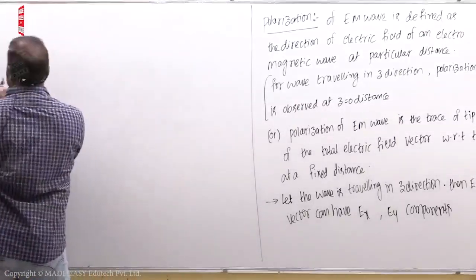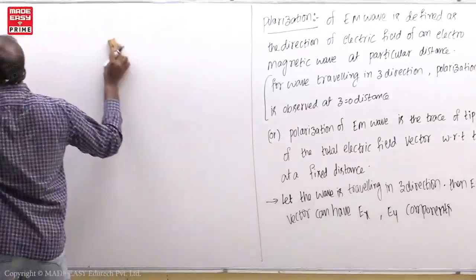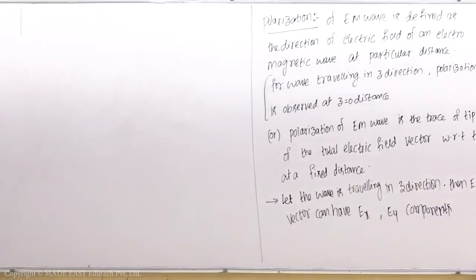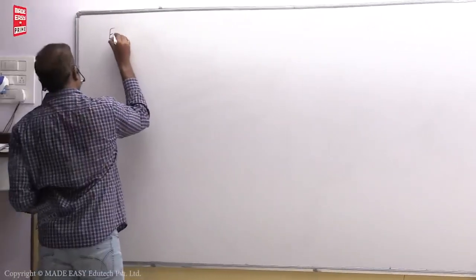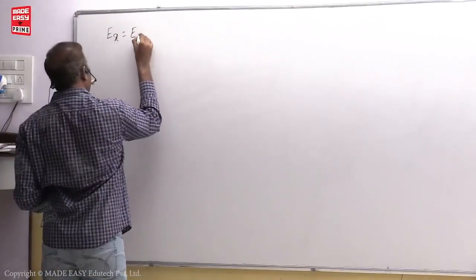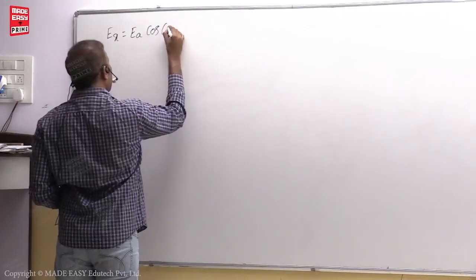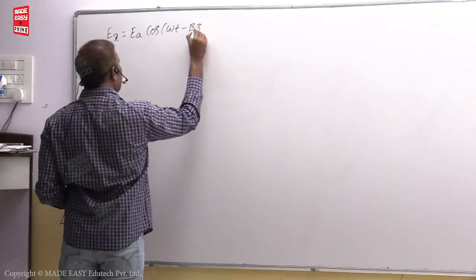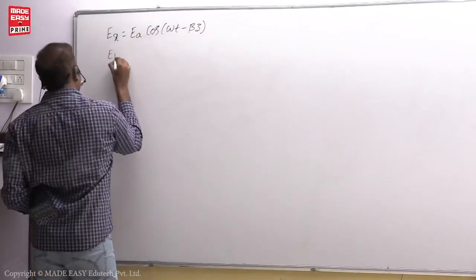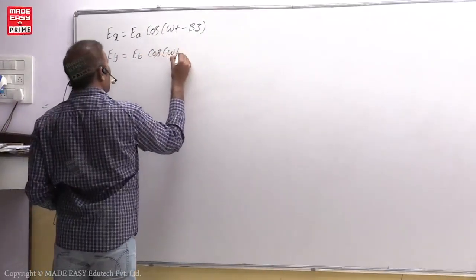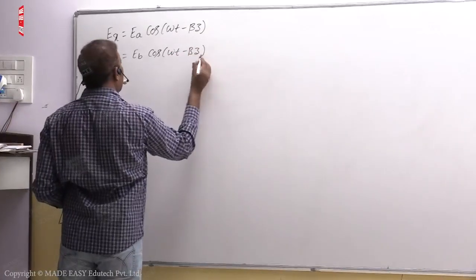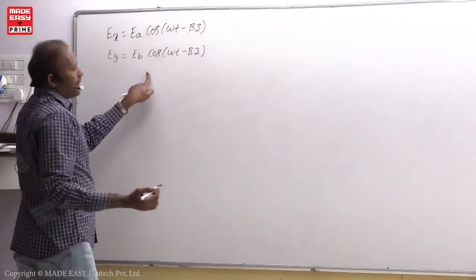So the X component is Ea cos(omega t minus beta z), and the Y component is Eb cos(omega t minus beta z).